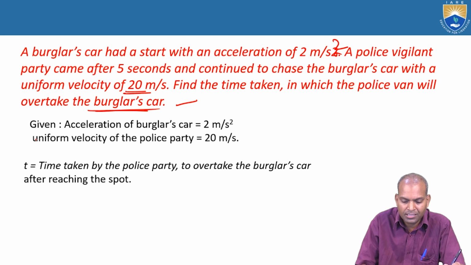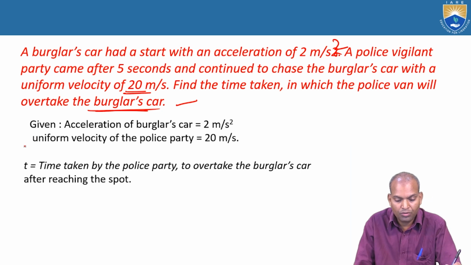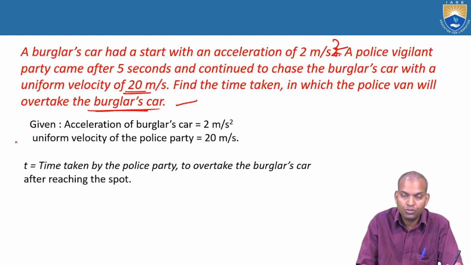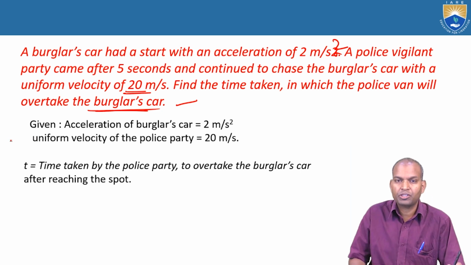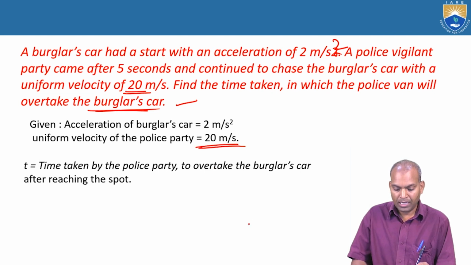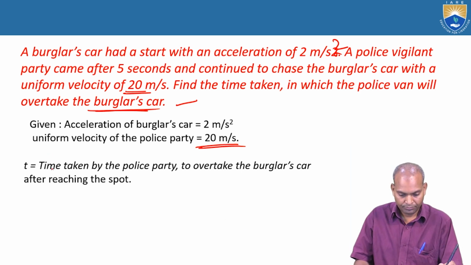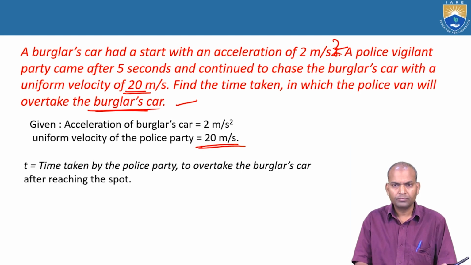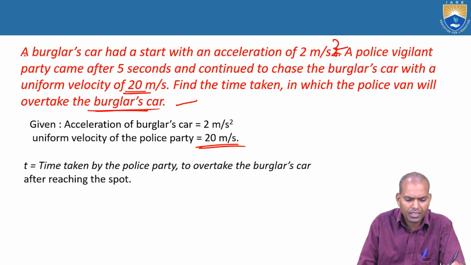So the given data is that acceleration is 2 meters per square second, the time is 5 seconds, and the uniform velocity is 20 meters per second. We need the time taken in which the police van will overtake the burglar's car. This is a real application problem.